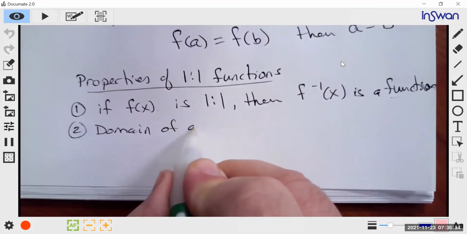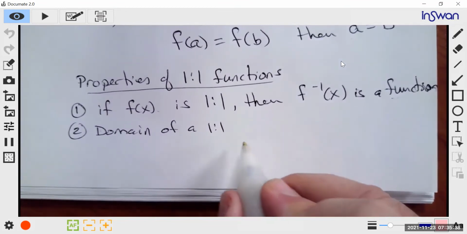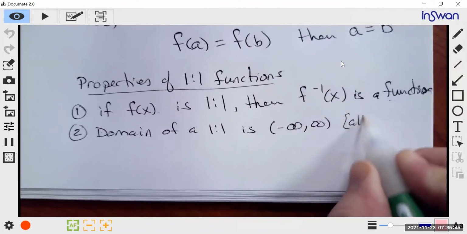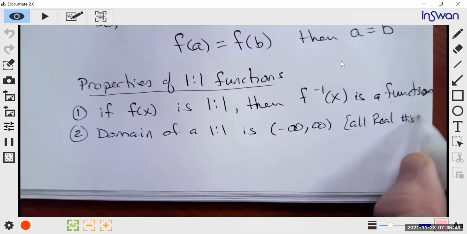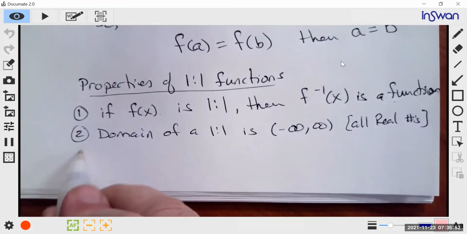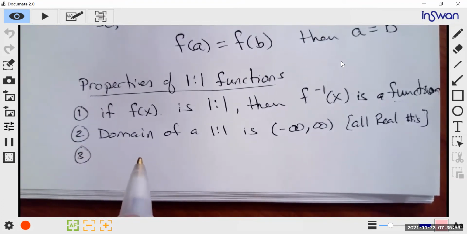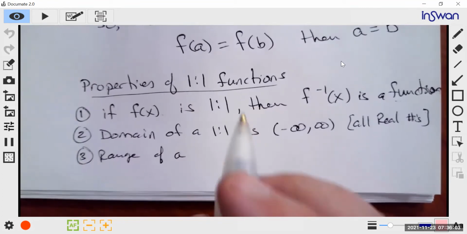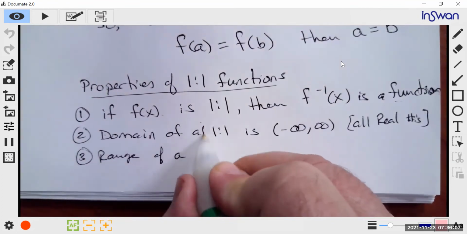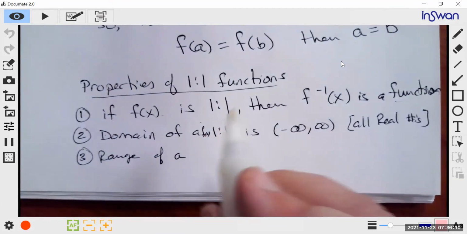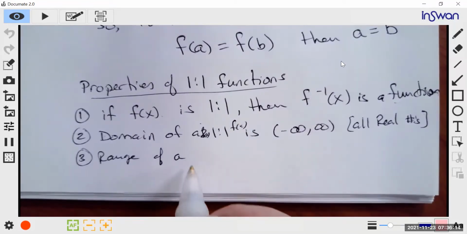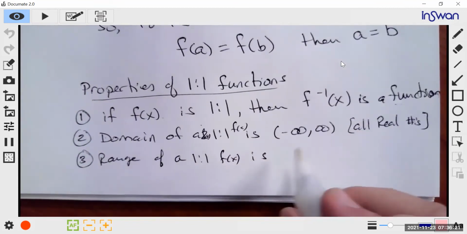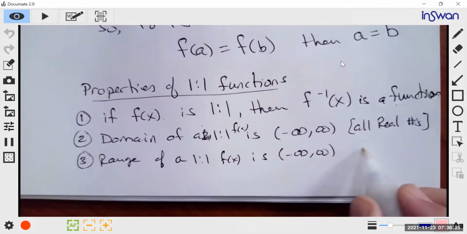The domain of a one-to-one function is negative infinity to positive infinity, all real numbers.